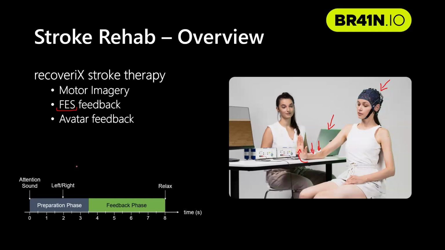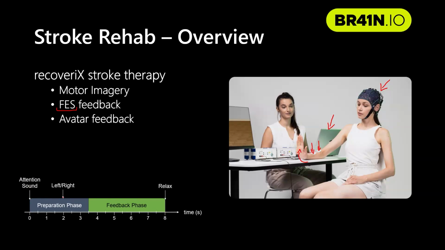The avatar you can't really see here, but there would be a computer screen with the avatar feedback as well. In general, what you will find in this file is a trial-based data set, and each trial lasts 8 seconds. At 0 seconds, there is the attention sound, like a beep. Then 2 seconds after that, the patient is instructed to perform either a left hand or a right hand movement.